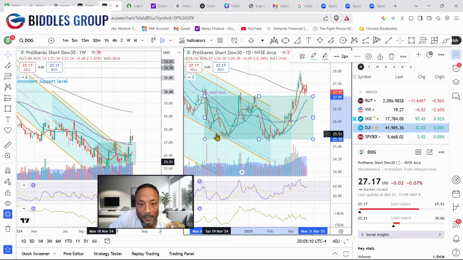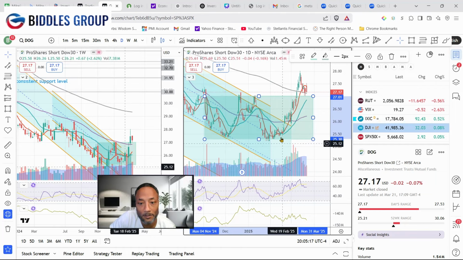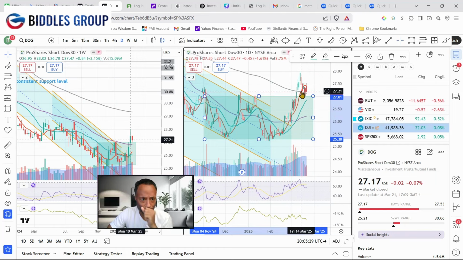So we see that the resistance area on the Dow is here. This is the best price that you'll get, 25. There are some other levels you can possibly get into, maybe mid-range. This is at the highest part of the range.